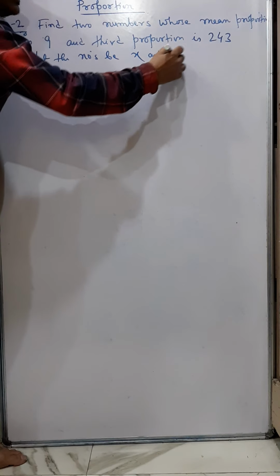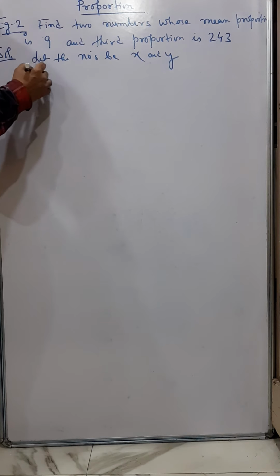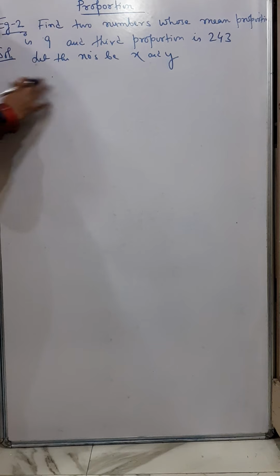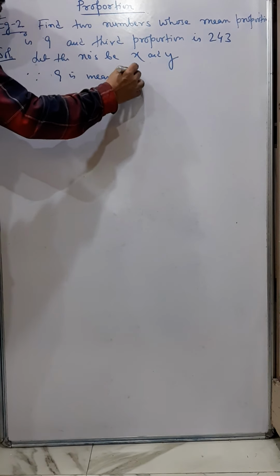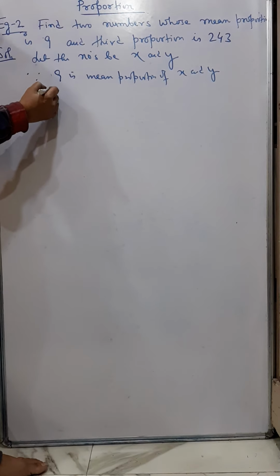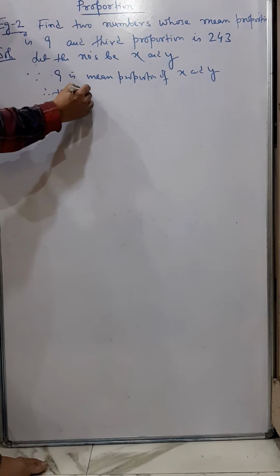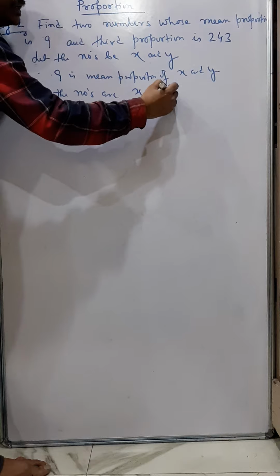x and y. So now according to the first case, since 9 is the mean proportion of x and y, therefore we can say the numbers are, we can write it like this: x, 9 and y.